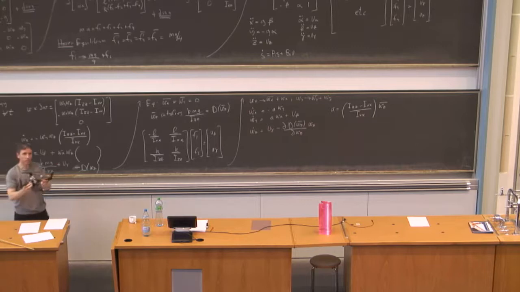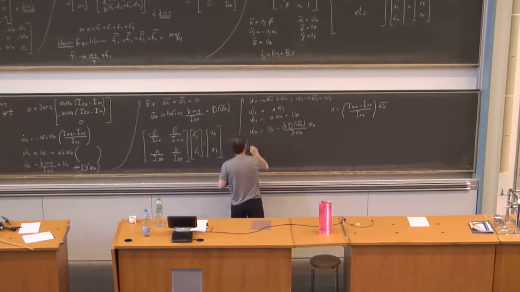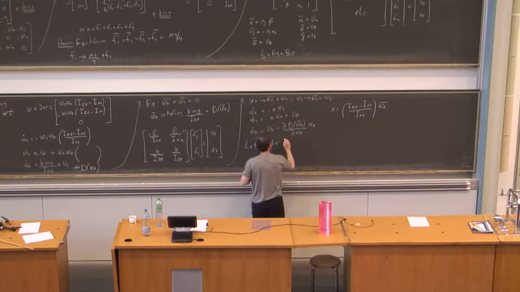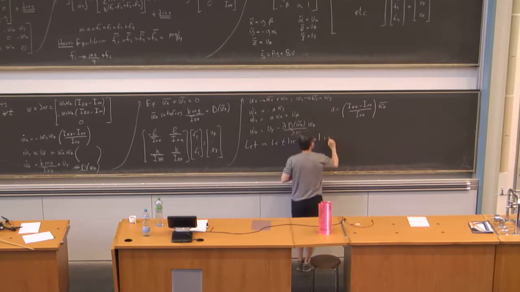I'm going to do that about equilibrium again. The equilibrium is that we want this thing to point straight up, so we want the normal to point straight up. And I'm going to do small perturbations of this normal about this up orientation. Okay, so let n be the normal in inertial space.